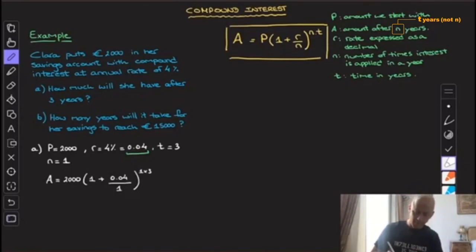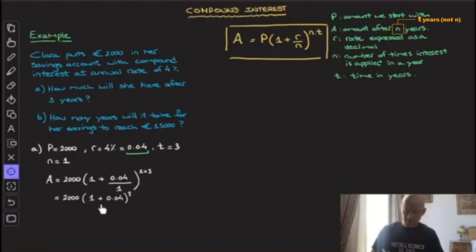We can tidy that up, of course, and state that that's equal to 2,000 times 1 plus, well, 0.04 divided by 1 is just 0.04, raised to the power of 1 times 3, which is 3.